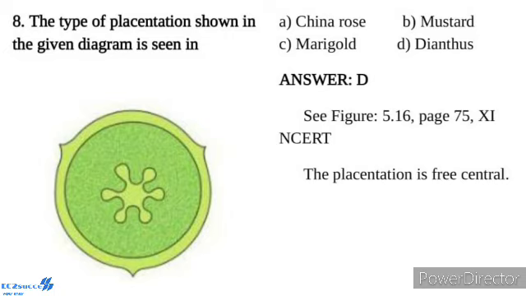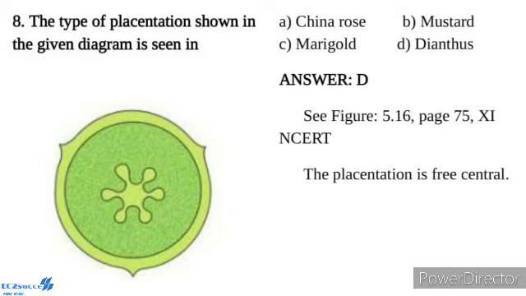Free central placentation is found in polycarpellary and syncarpous pistils with unilocular ovaries. The ovules are borne around a central column which is not connected with the ovary wall by any septum.